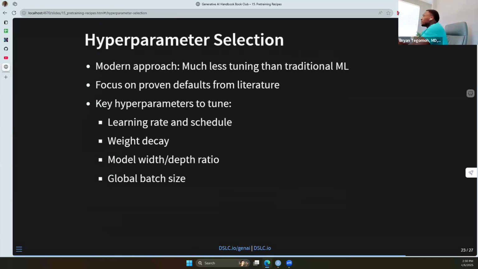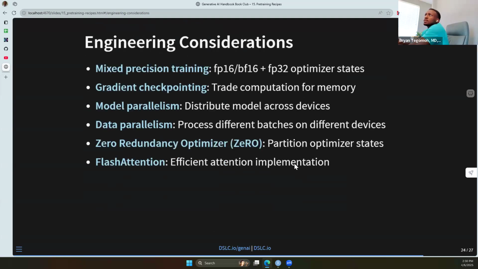Hyperparameters here primarily concern relying more on proven defaults rather than extensive tuning. The focus is mainly on learning rates, weight decay, model dimensions, and different batch sizes.